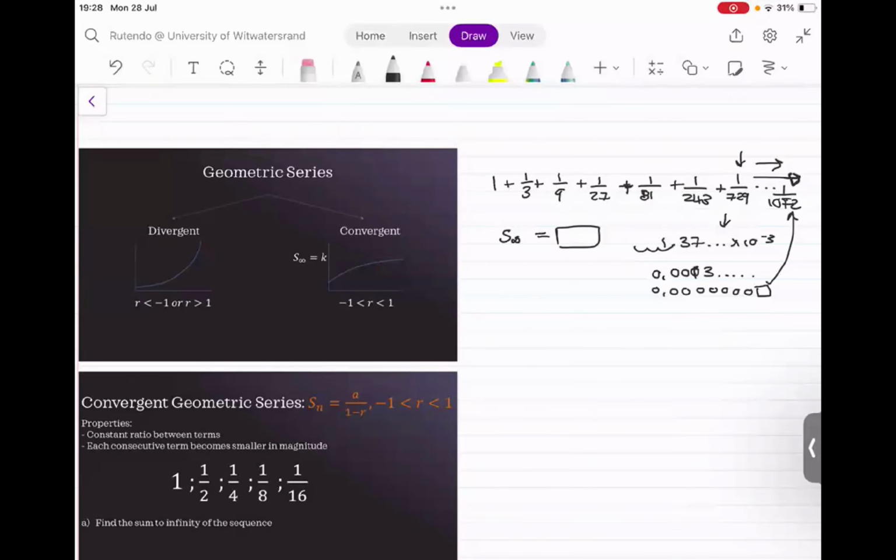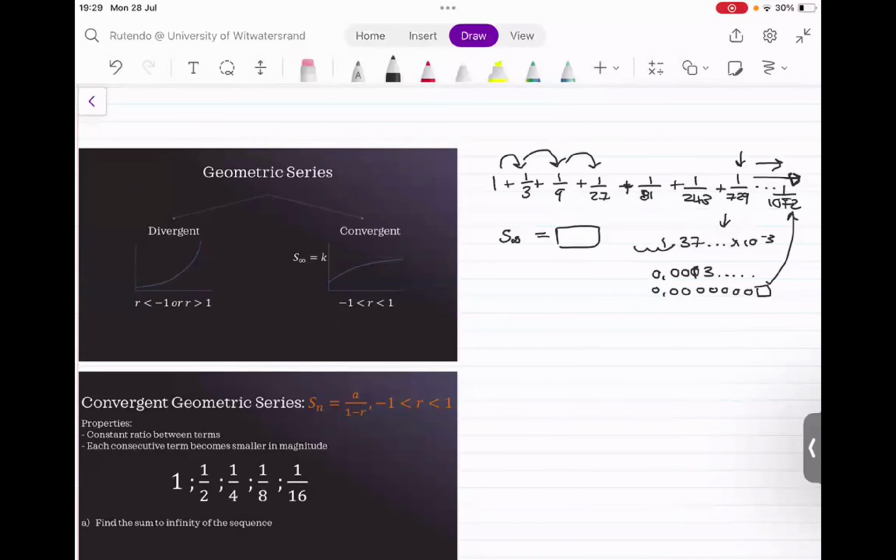Your number's not getting any bigger. So when they say a series converges, it means that the ratio between each term, what you're multiplying between each term, makes each term smaller going down. Okay, I'll slow down a little bit.